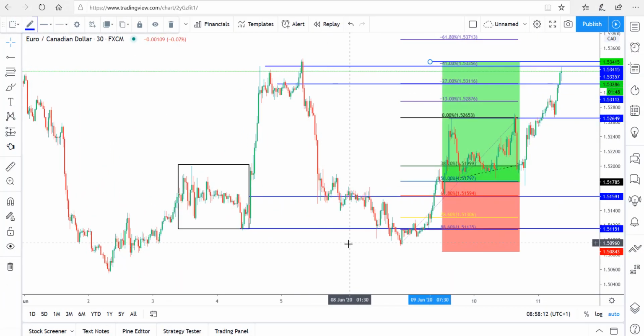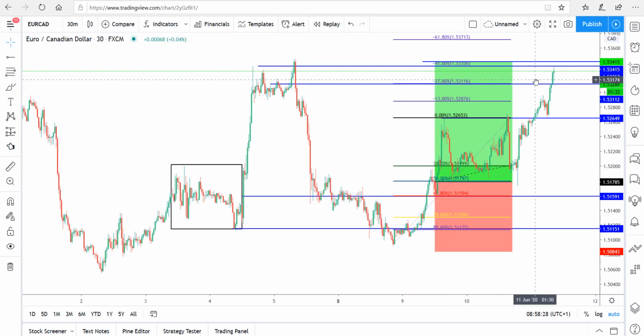Hello traders, welcome back. As we can clearly see, the market is quickly rising to my take profit level, which is around the top end of this channel. Like I said, the market is now between the 127 and the 141 extension, so if I see any sign of a reversal, I would close my trade. I'm just over 10 pips away from my take profit level.